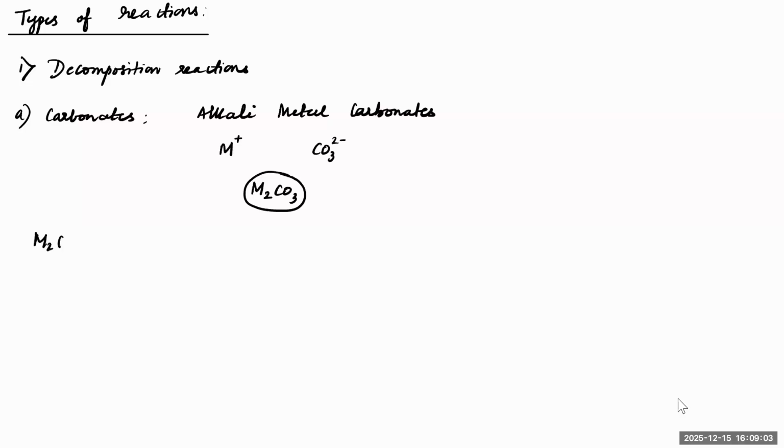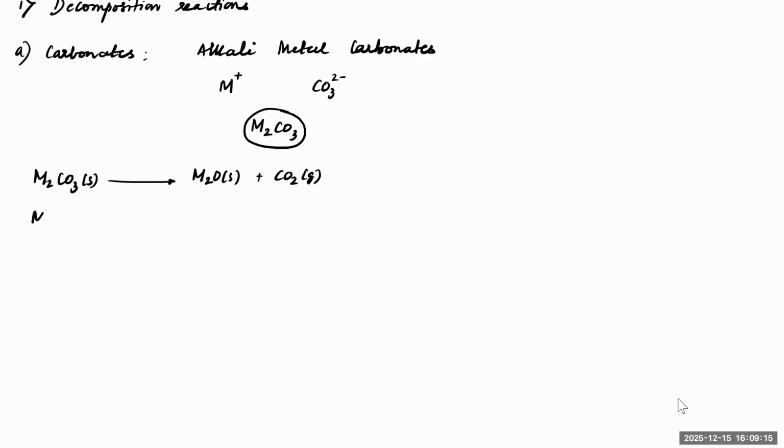Now if you have M2CO3 solid and try to decompose, it will become M2O solid plus CO2 gas. Here it is only observed with lithium. While M2CO3 solid making no reaction on heating means all other metals, sodium, potassium, rubidium, cesium, do not decompose in their carbonates.